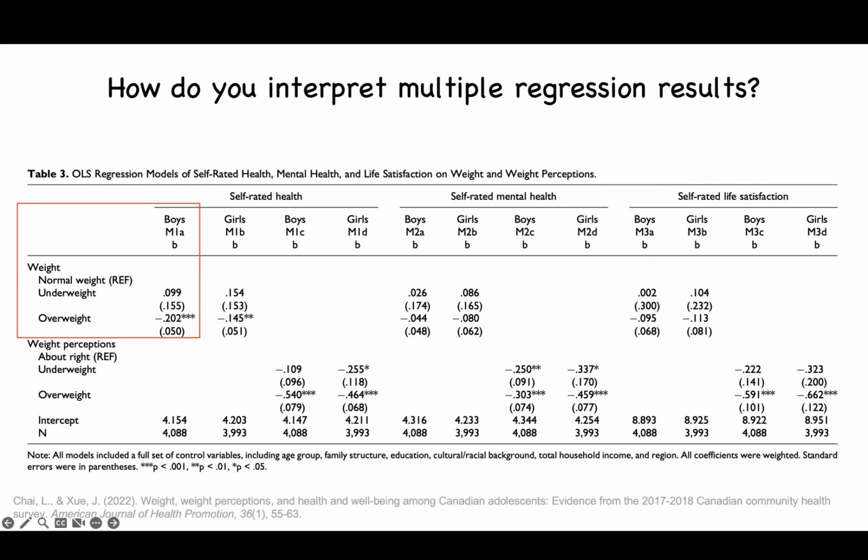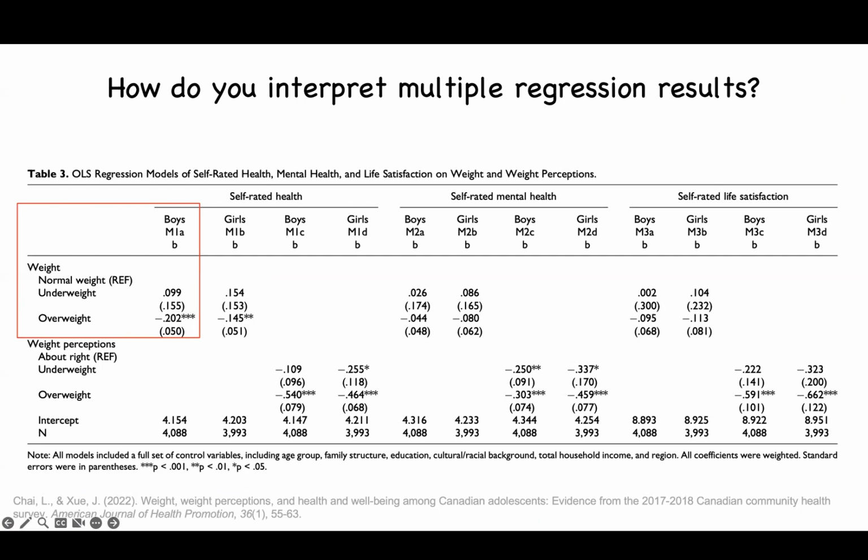So table 3 represents the OLS regression models of self-rated health, mental health, life satisfaction, weight and weight perceptions. You will see 3 totally different models because we have 3 different dependent variables, or 3 outcomes in this table. It is okay to have more than 1 dependent variable for your study. There's no problem. You just run them separately.